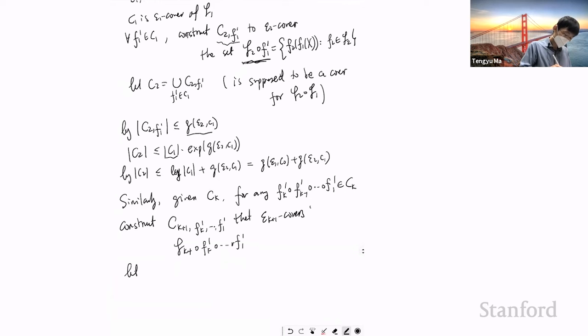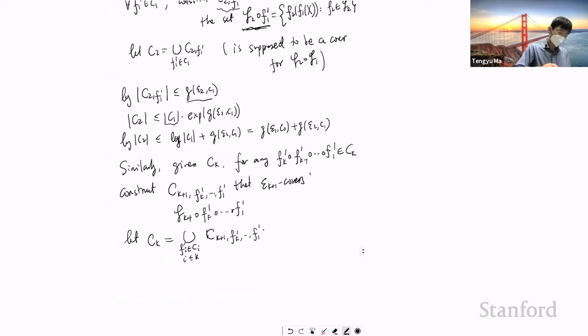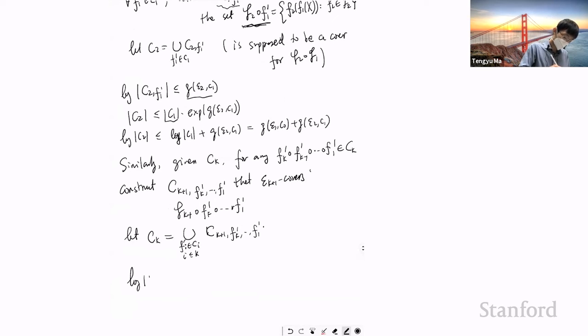And you take the final cover to be the union of all of these sets. Similarly, you can prove that the log of the Ck plus 1 will be less than the sum of all the single layer covers, G of epsilon k plus 1, Ck, up to G of epsilon 1, C0.